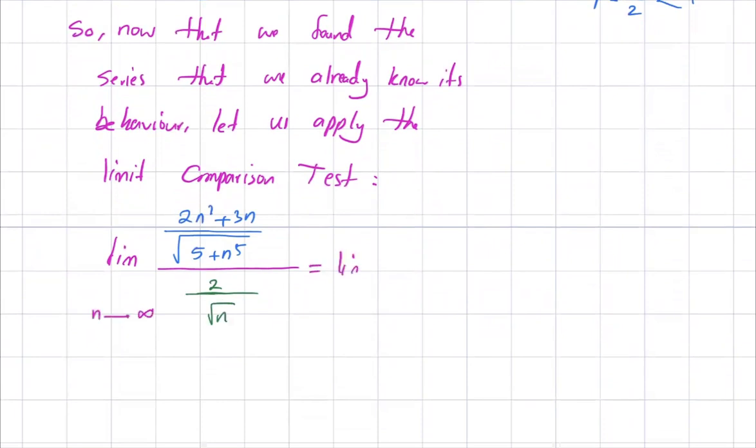This is basically the limit of square root of n times 2n squared plus 3n divided by the multiplication of 2 and square root of 5 plus n to the 5th as n goes to infinity.